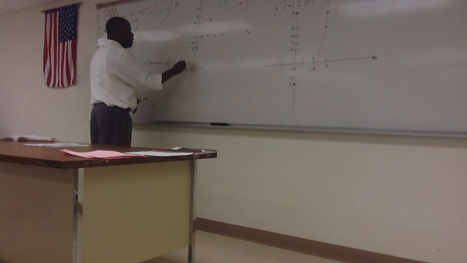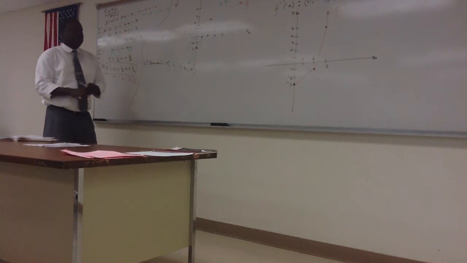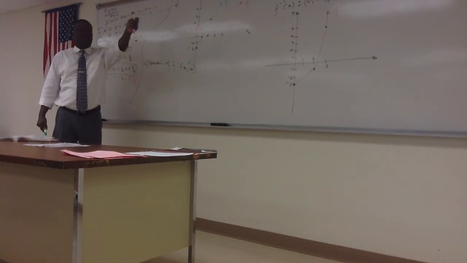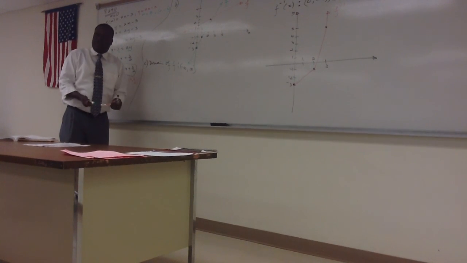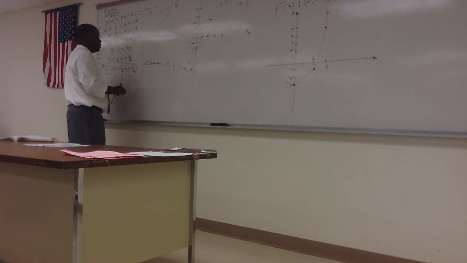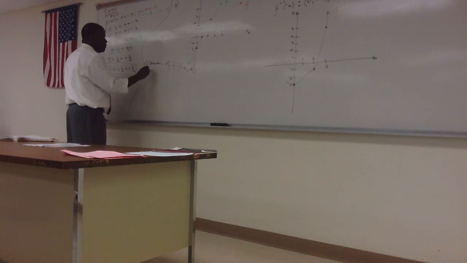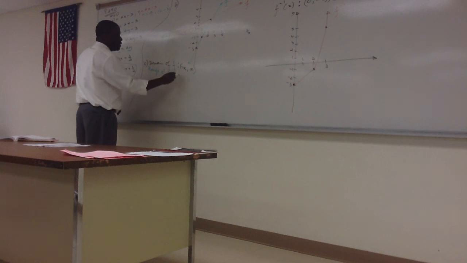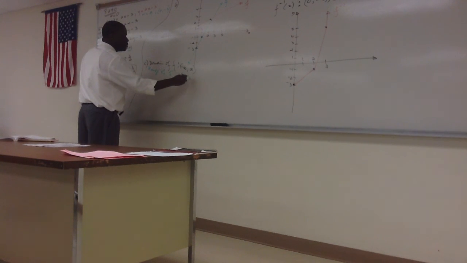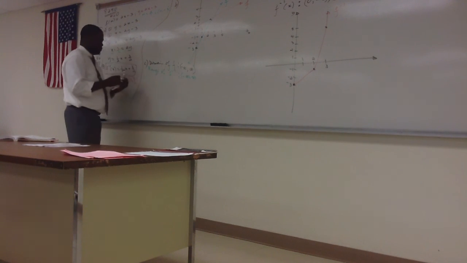Now, based on the note that we said here, the domain of one is the range of the other. If we know the domain of f, we know the range of the inverse. So the range of the inverse is also all real numbers, because the domain of one is the range of the other.